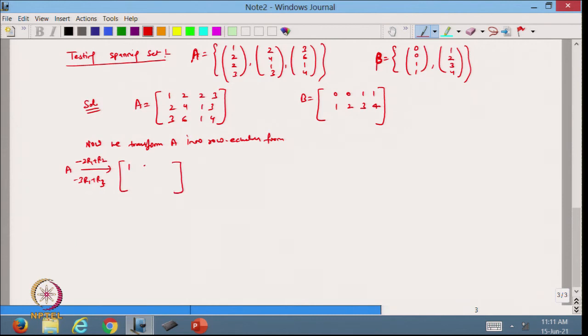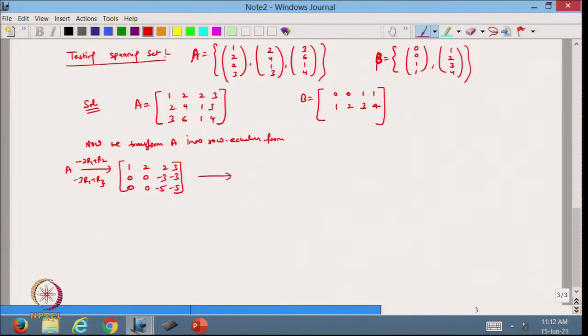So, I am going to have 1 2 2 3, and then 0 0 because minus 2 plus 2, minus 4 plus 1 is minus 3, and minus 6 plus 3 is minus 3. And then 0 0 because I am multiplying by minus 3 and adding here: minus 6 plus 1 is minus 5, and minus 9 plus 4 is minus 5. So, I get this value.